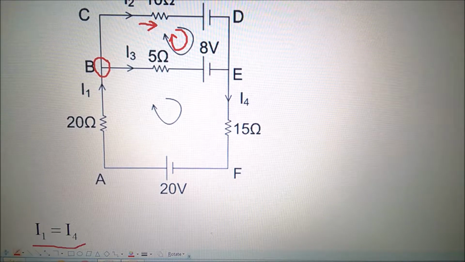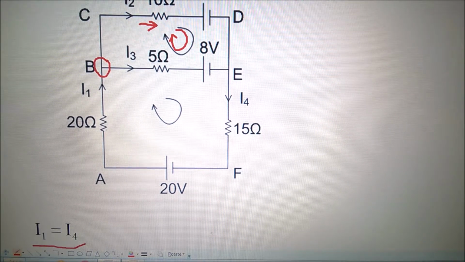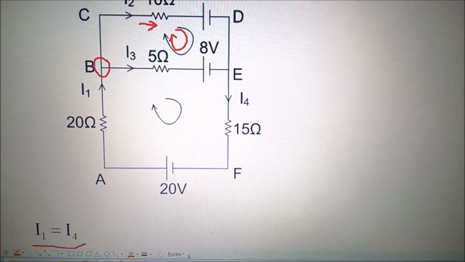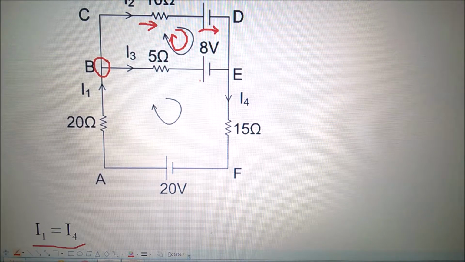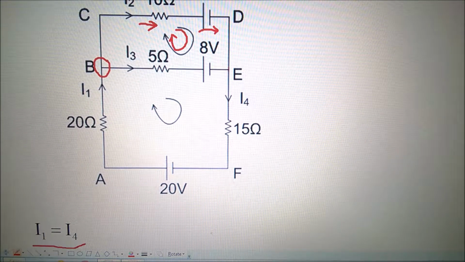As you know, if we move from a higher potential to lower potential, it would be negative. Therefore, it would be minus 10 I2. And then as you move through the EMF, again you are moving from the positive terminal to the negative terminal, higher potential to lower potential. There also it would be negative. That means minus 10. And then at D, there is no resistance and no EMF.